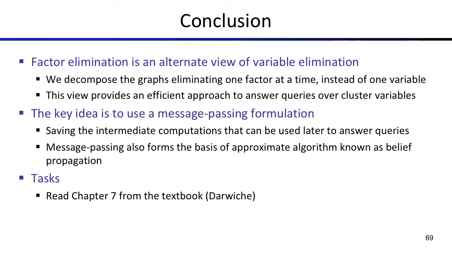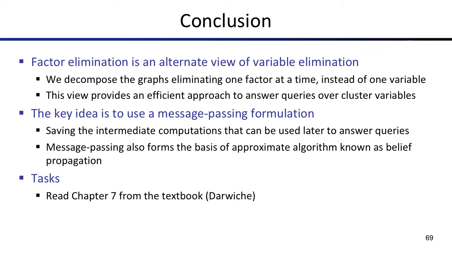Another thing that's important is the fact that this idea of message passing will be used as a base for some approximate algorithms called belief propagation. So in this case, we will transform our Jointree into a join graph.